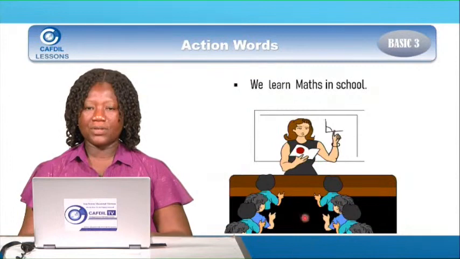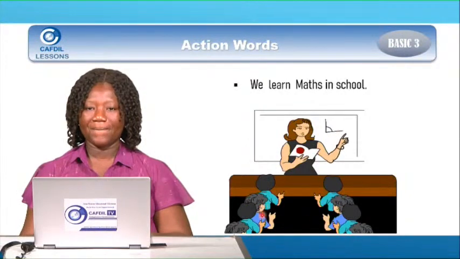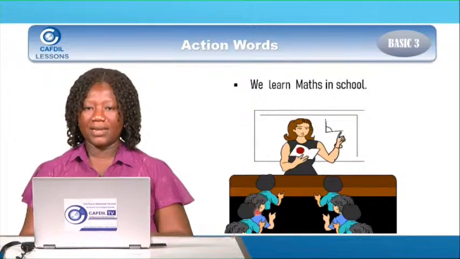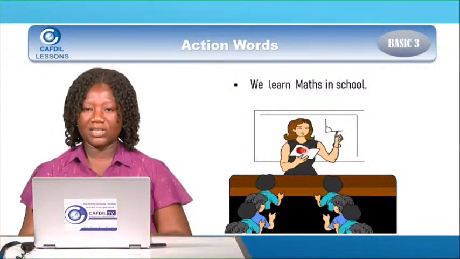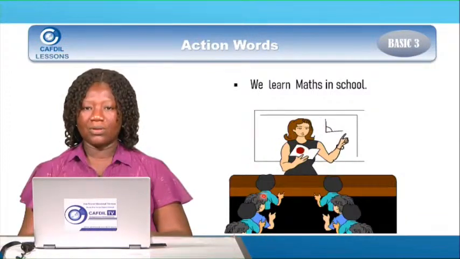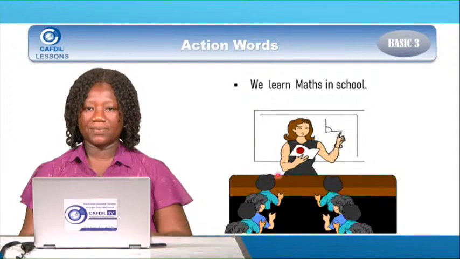There is another beautiful picture. Very nice picture. What do you see? Good. Some learners, just like you. And who is in front of them? A teacher. What action are the learners performing?